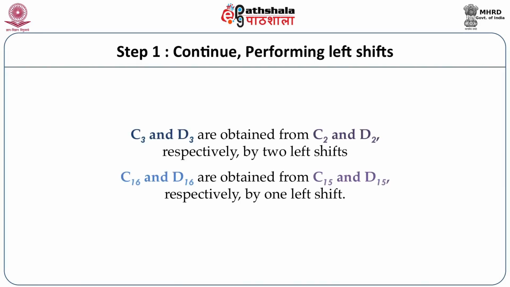From the table you can determine that C3 and D3 are obtained from C2 and D2, and the left shift you have to perform is 2. Now you can check all by yourself. If you want to generate C16 and D16, it has to be generated from C15 and D15. How many left shifts are to be performed? One left circular shift needs to be performed.